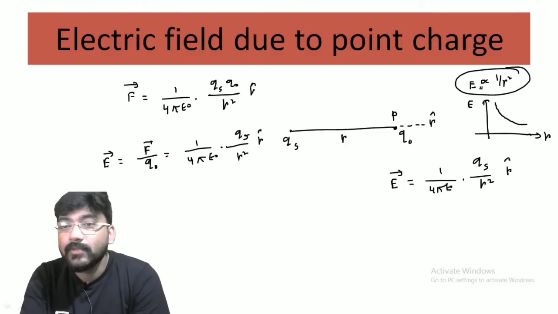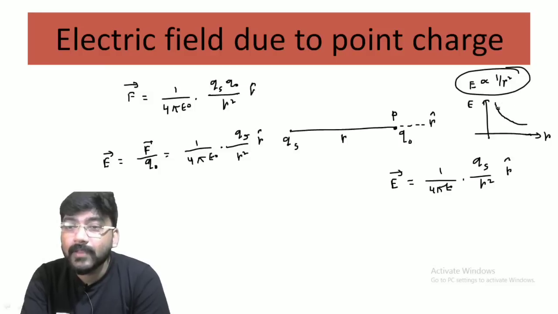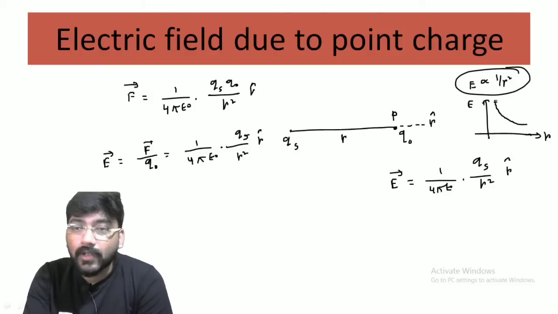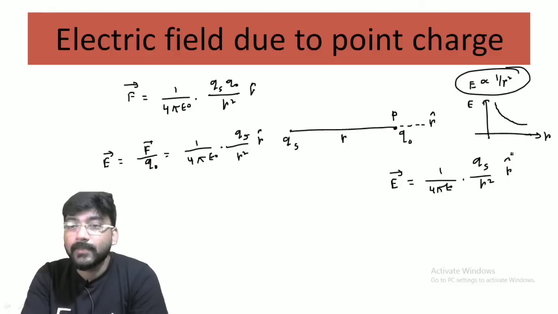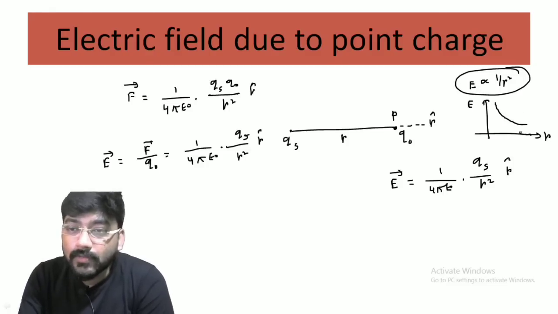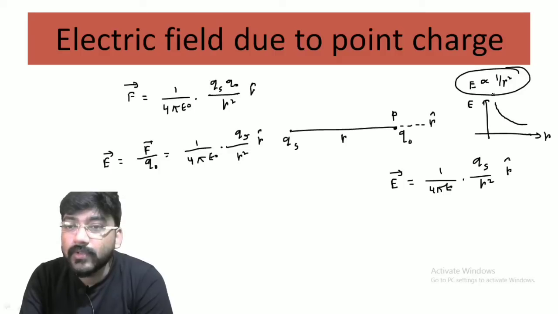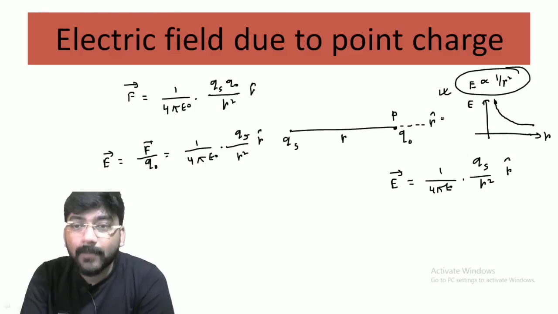In that case, E would be proportional to 1 by r, but here, with 1 by r square, it will decrease more rapidly. So this is the E versus r graph. At r equal to 0, it will be infinity, and as r tends to infinity, it will be 0. It extends asymptotically along the E axis and the r axis. So this is the graph of E.